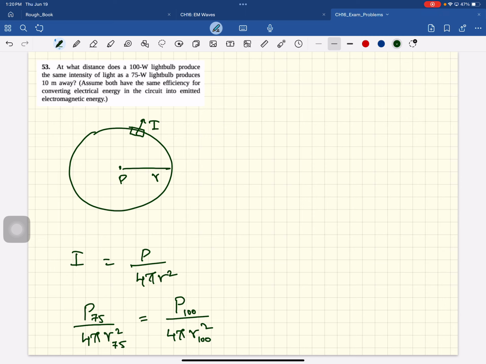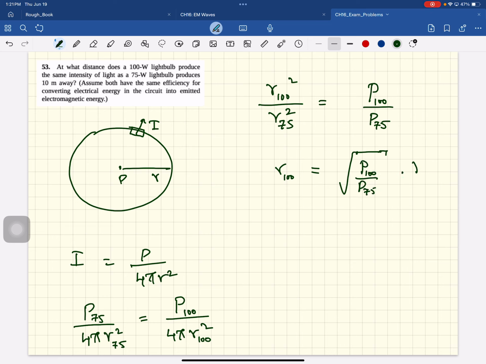So r 100 squared divided by r 75 squared. r 100 is square root of P 100 over P 75 times r 75.